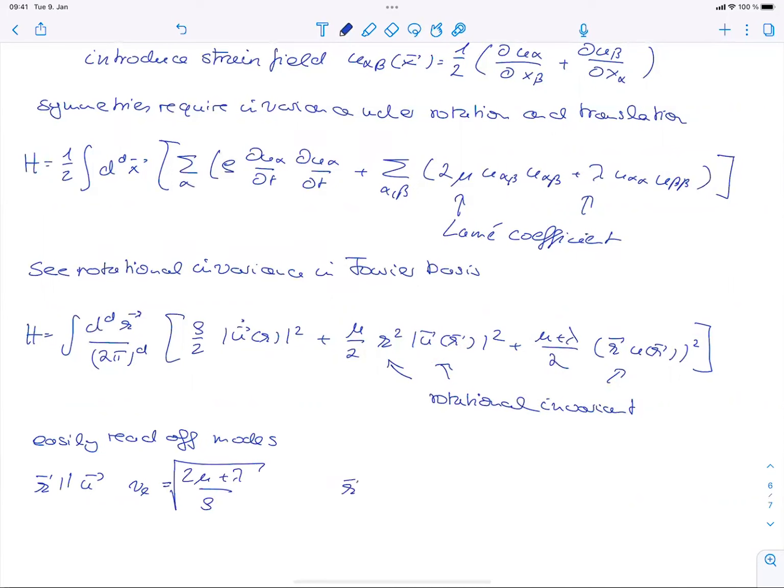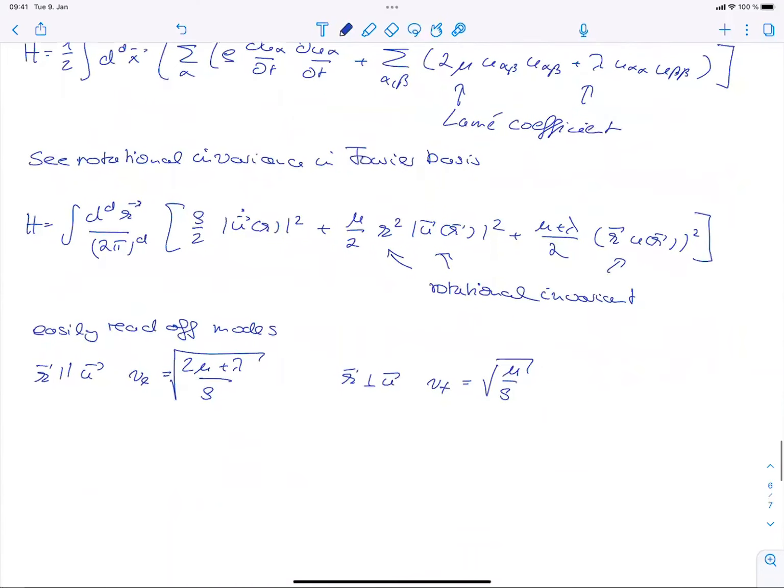But if the deformation is perpendicular to the wave number, then we have this contribution being 0, and we have the transversal mode of mu over rho. So here is our longitudinal mode, and this is a transversal mode.